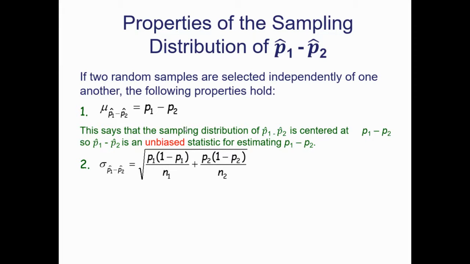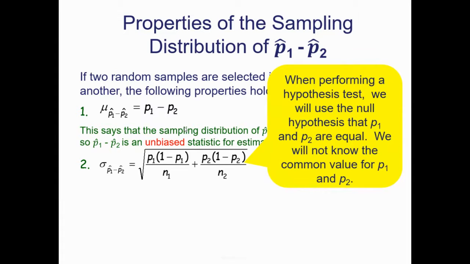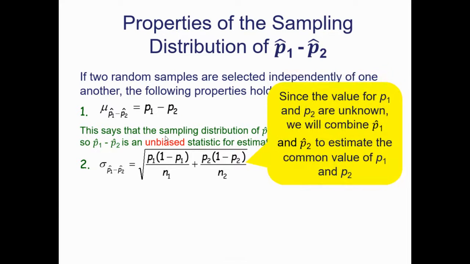Okay, so the reason that we're not really going to get to use this formula much is because do we typically know the population proportions? Not really. Since they're unknown, we're going to create a common value for the proportions. We're going to estimate them.